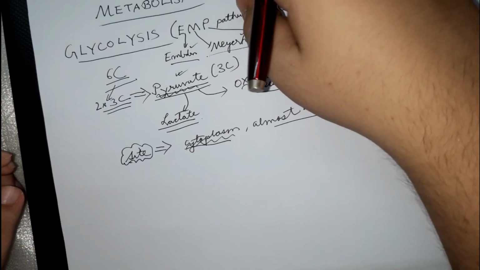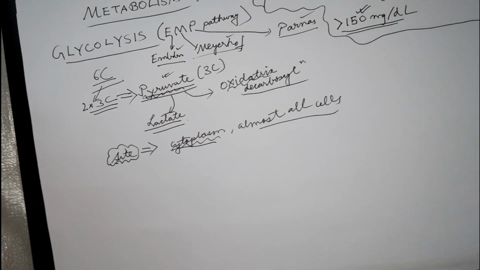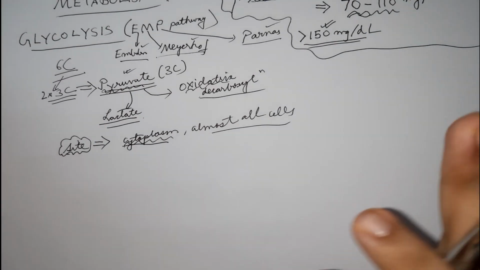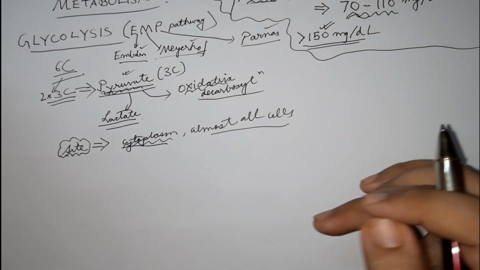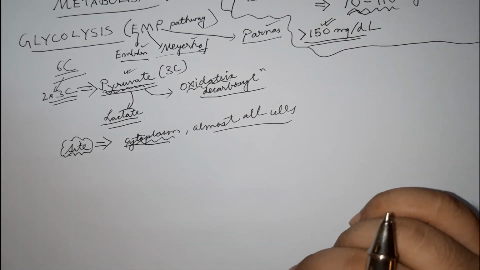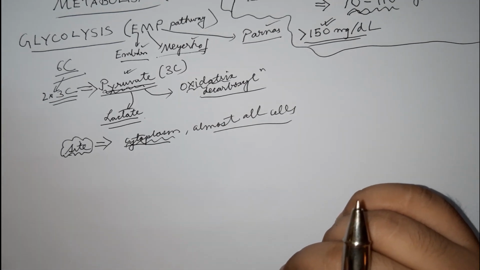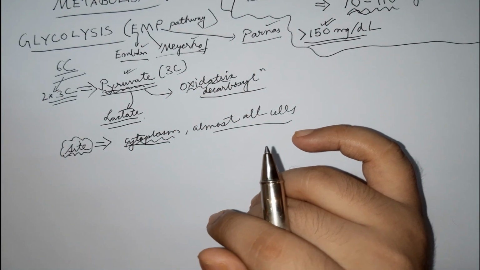See, why do we need glucose in the first place? We need glucose because we need an energy source. That's the first and the primary reason for glucose, right? We need an energy source for our day-to-day life activities. So glucose is the most preferred energy source, right? But glucose itself cannot be directly utilized for energy.